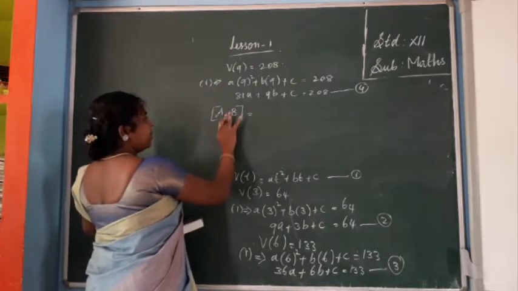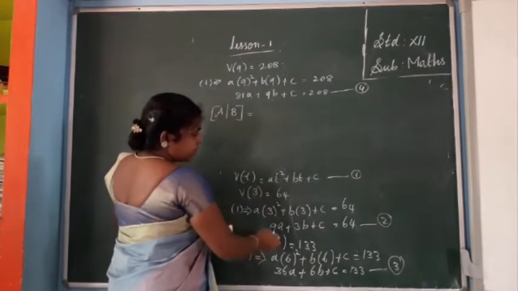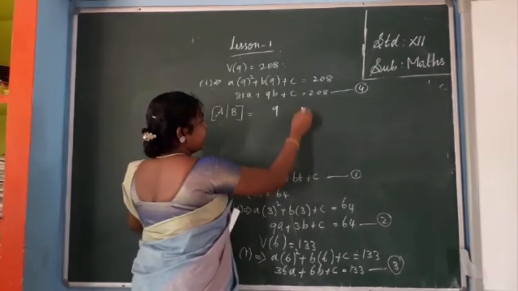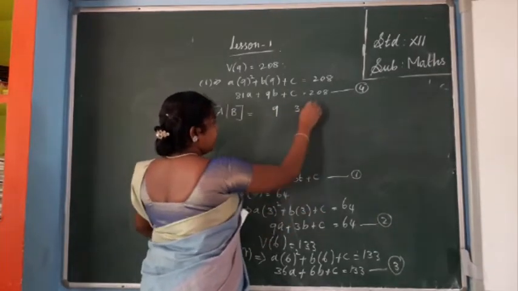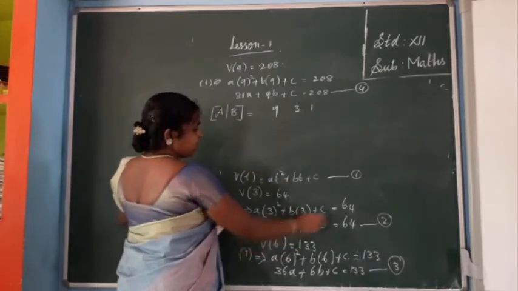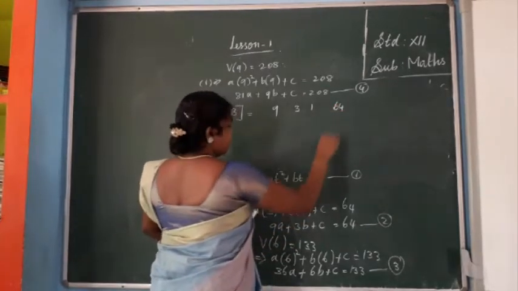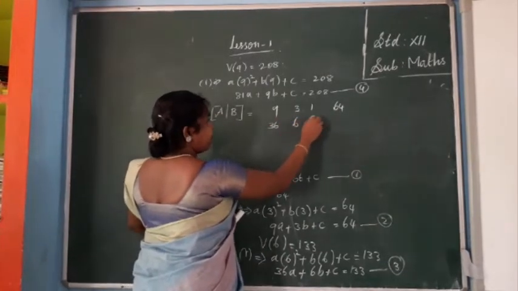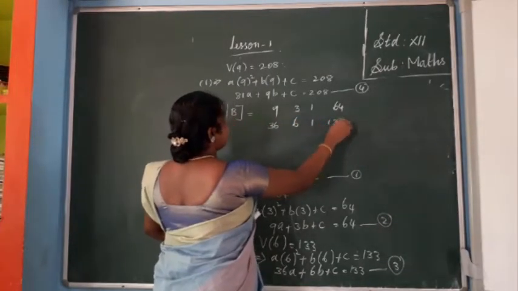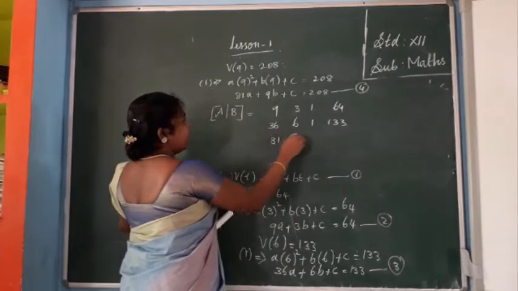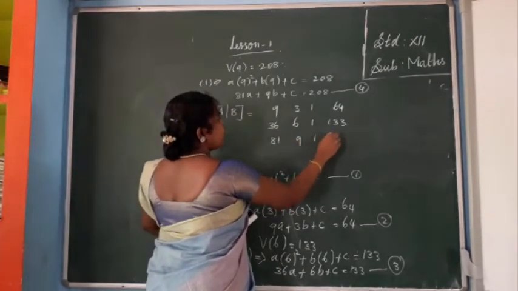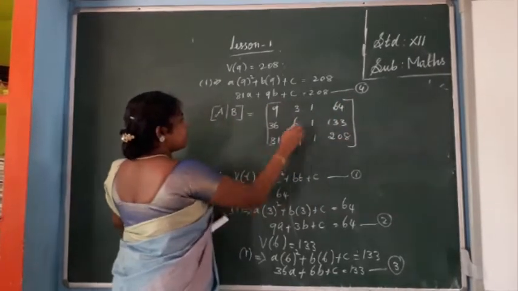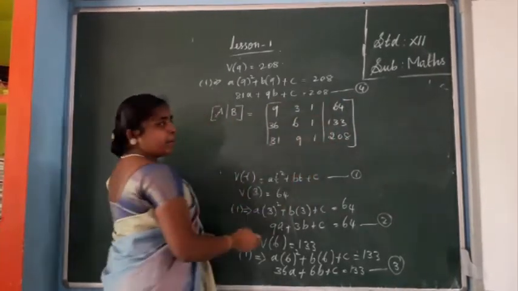So A bar B equals: the first equation elements 9 3 1 64, the second 36 6 1 133, the next 81 9 1 208. This is A bar B. Next, what do you need?